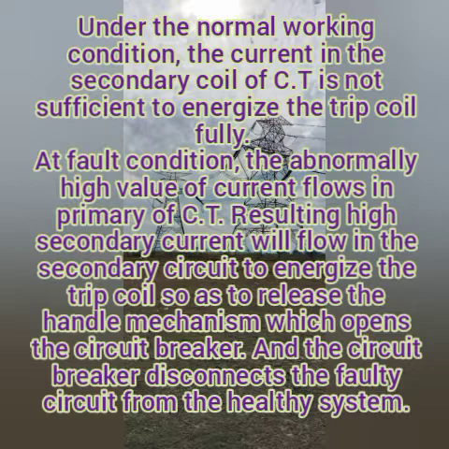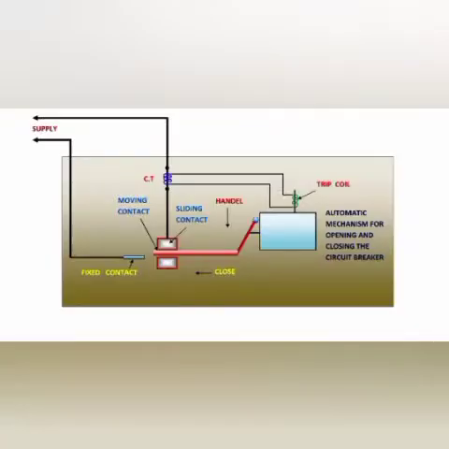The tripping coil is set to release the handle mechanism which operates the circuit breaker, and the circuit breaker disconnects the faulty portion from your healthy portion. So this is the opening of your breaker.